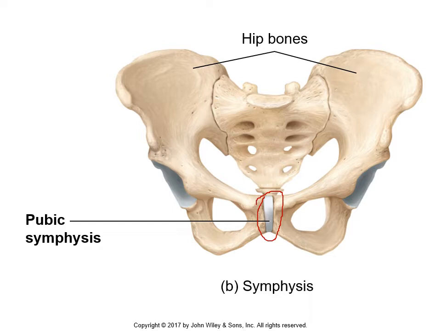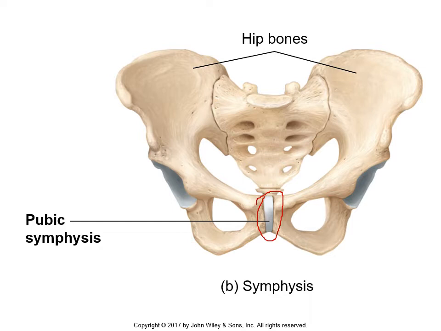Well, in between the vertebrae, for instance, between the 5th and 6th thoracic vertebrae, there is an intervertebral disc. That intervertebral disc acts like a cushiony sponge. That's an example of a symphysis. It does allow a small amount of movement.